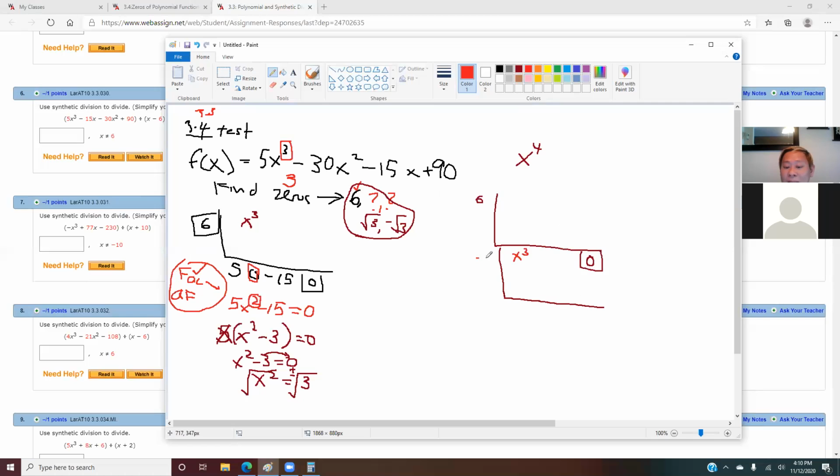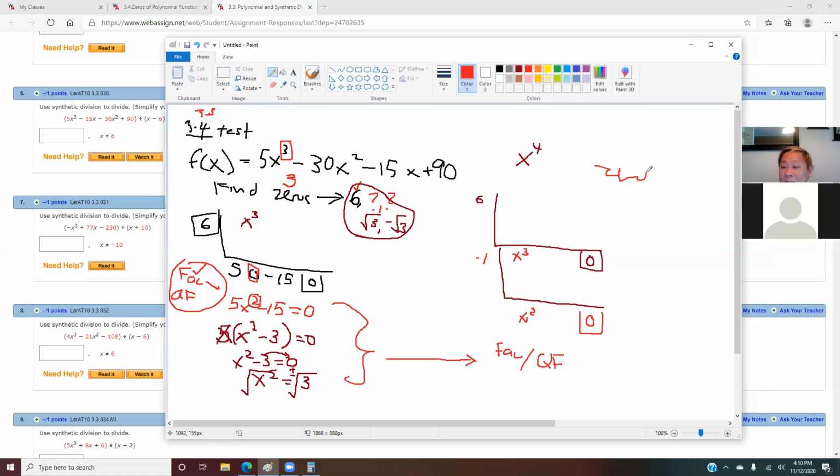So you have to do another synthetic division, let's say -1, and it becomes 0 as a remainder. Then this will become x squared, like what we did here, and then you repeat what you just did here: either you factor this or you use the quadratic formula.